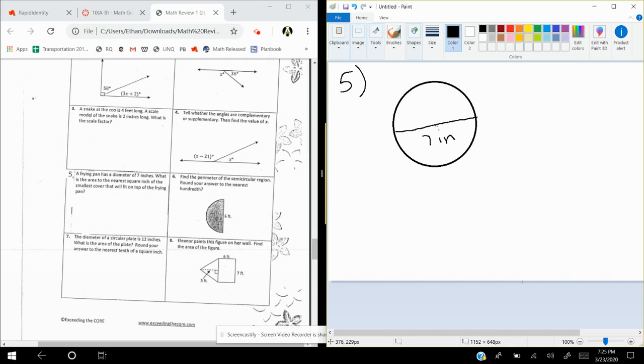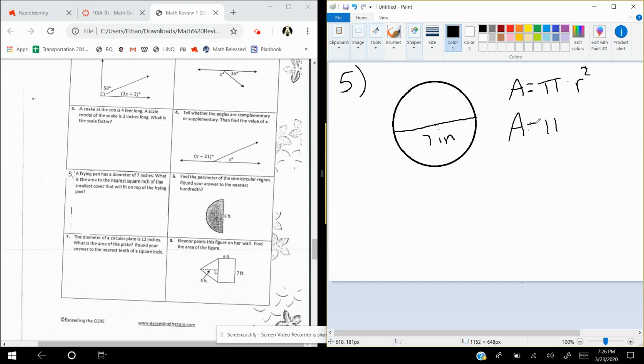It's got to cover the top of it, which means it's going to cover all of the area inside the circle as well. So this is going to be an area problem. The area of a circle is pi times radius squared. So we've got to figure out what our radius is.